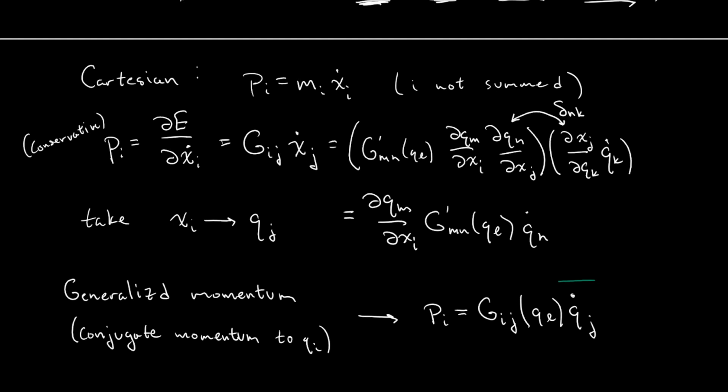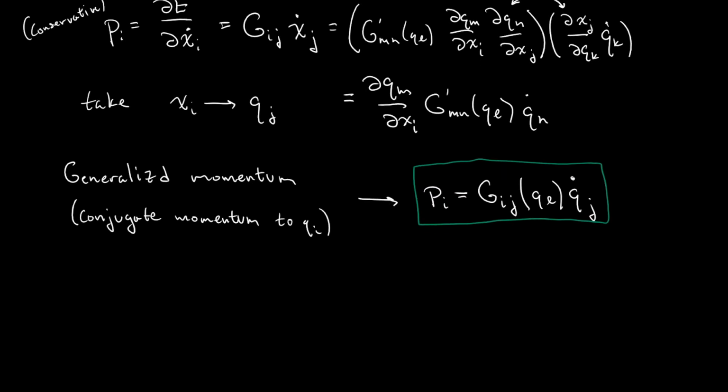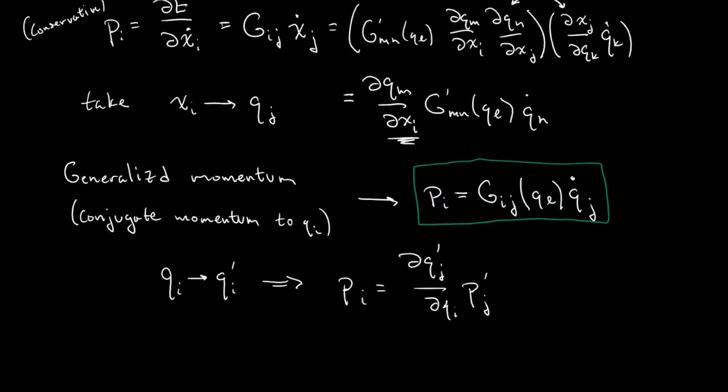Okay, this is great. It's important, and in particular, what you'll find is that when I change my coordinates, q_i goes to q_i prime, just the same thing I found up here, my momentum is going to be dq_j/dq_i prime times p_j, where now this is the p corresponding to the q prime i's, or whichever way you want to say it.